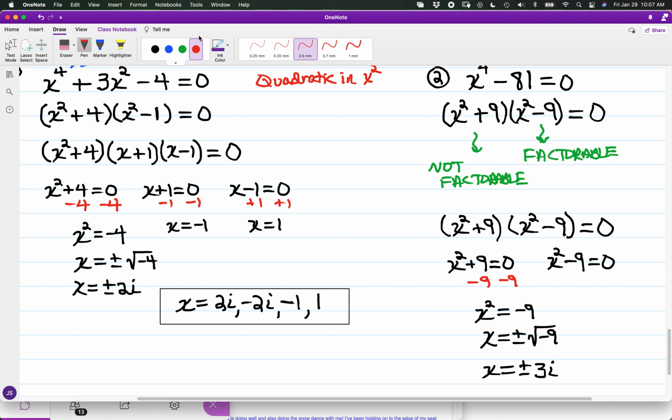And for x squared minus 9 equal to 0, if we add 9 to both ends, we have that x squared is equal to 9.